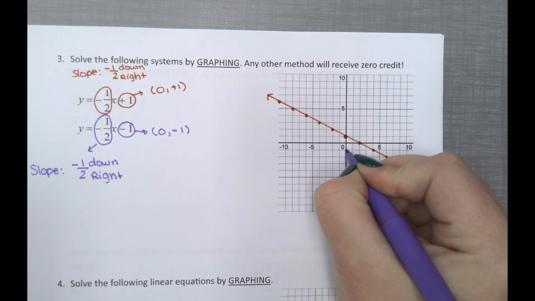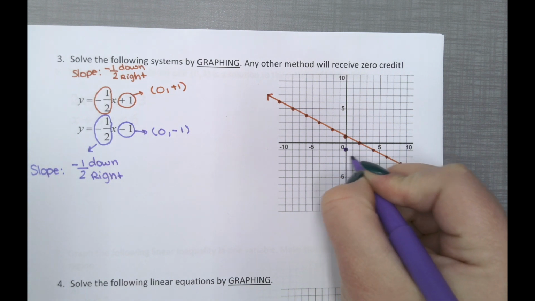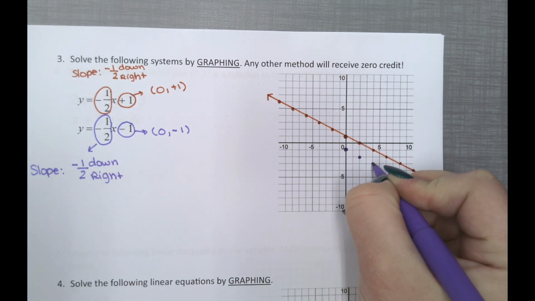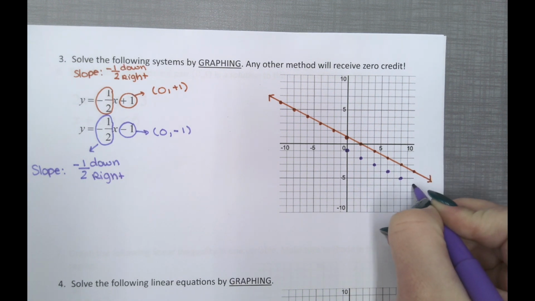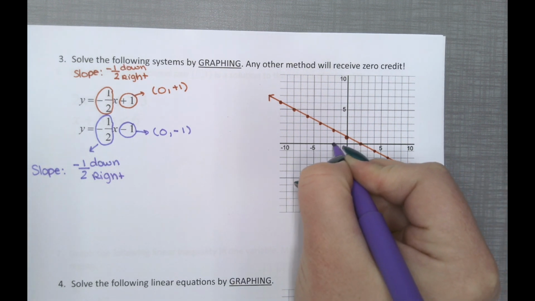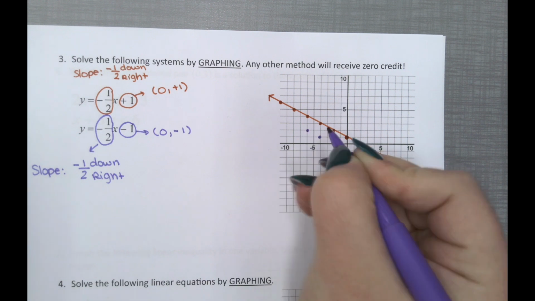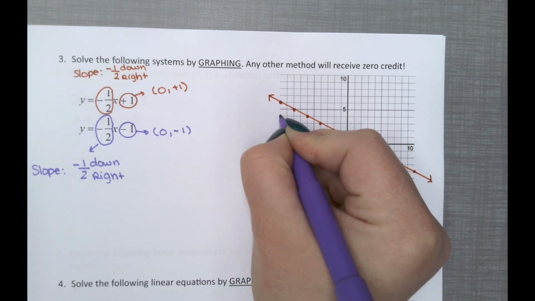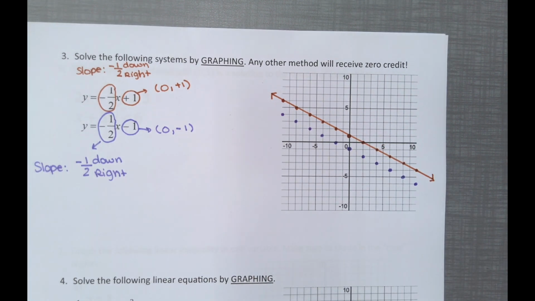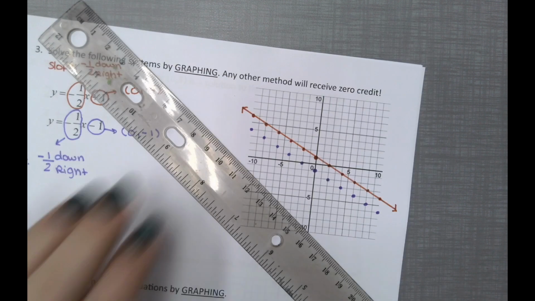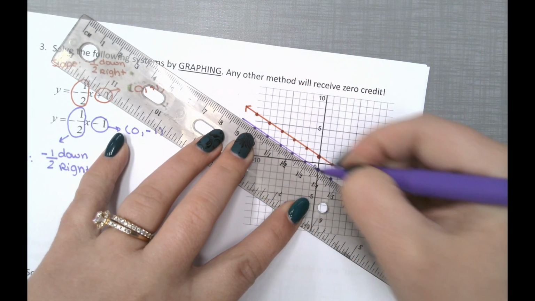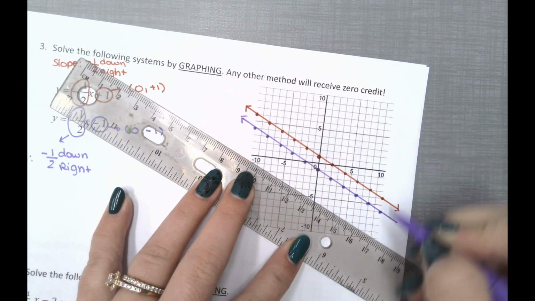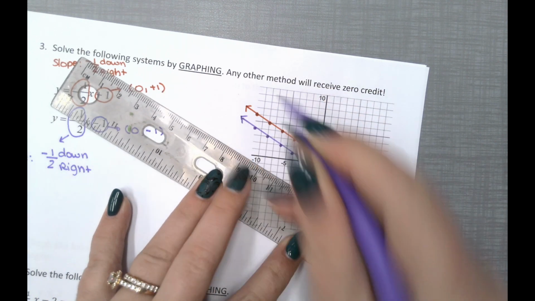So we're starting at negative 1 this time, down 1 to the right 2, and again we continue. I know it gets a little repetitive, that's kind of the point. Once again, as many points as possible, and we are going to do a solid line because this is an equation.